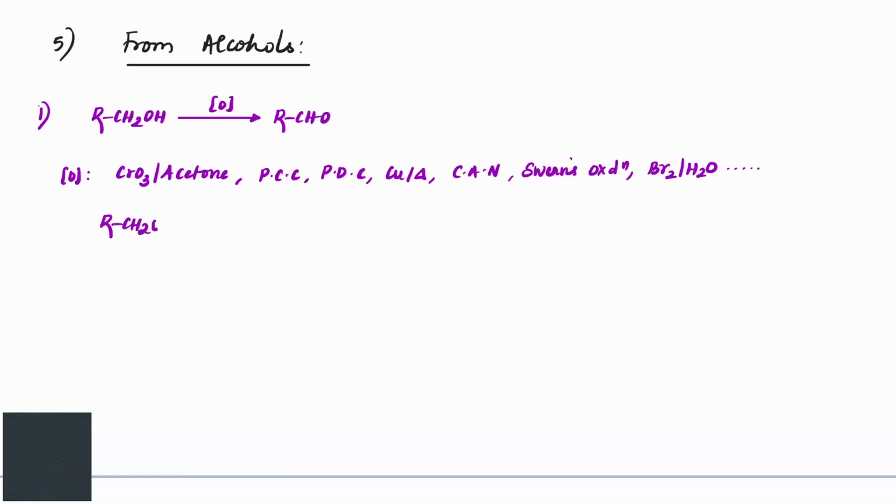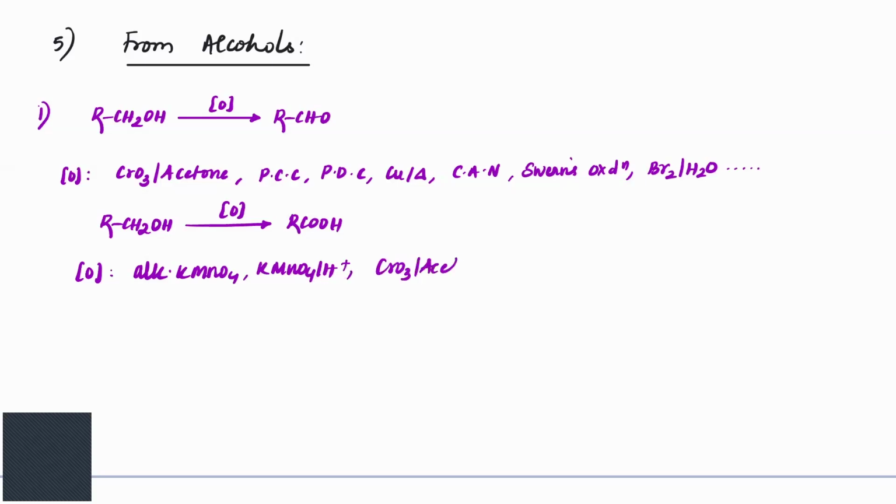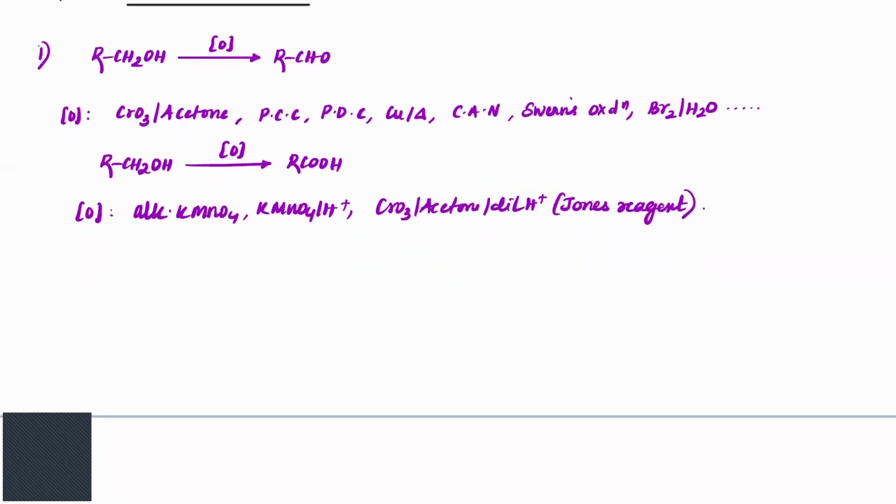In case you have alcohols and are converting directly to acids, the oxidizing agents we will use are alkaline KMnO4 or acidic KMnO4, which we write as KMnO4 with H plus, or CrO3 with acetone and dilute H plus, which we call Jones reagent. That will convert it into an acid.